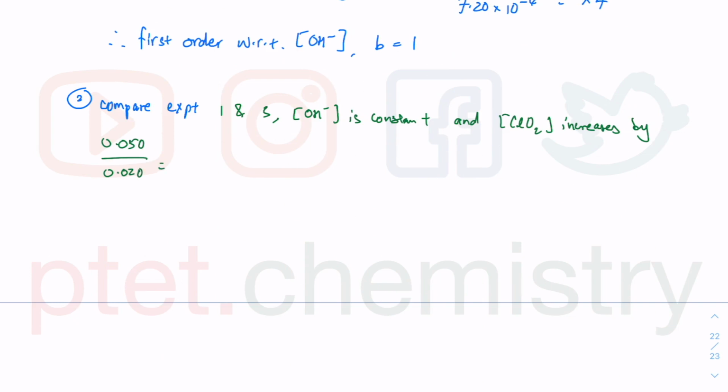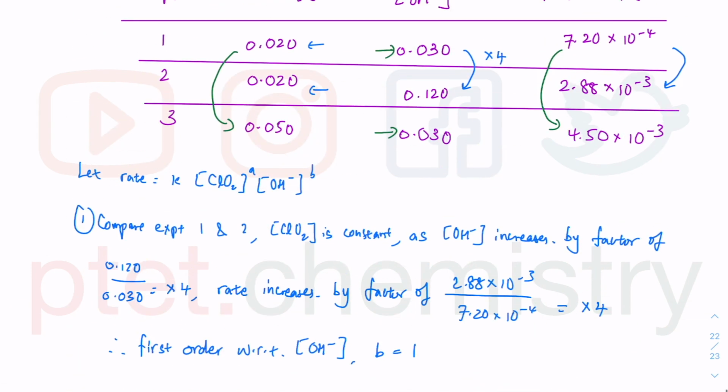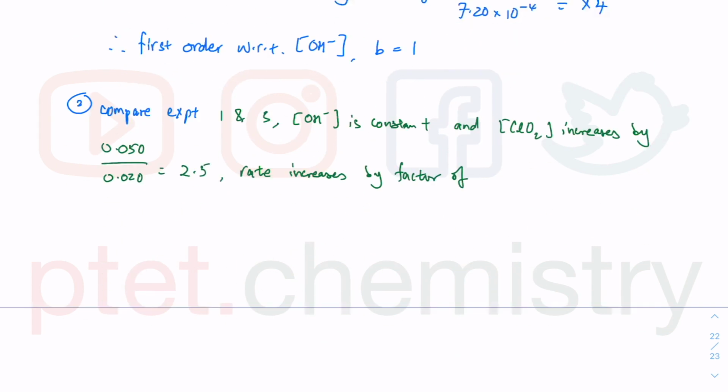I think that is a factor of 2.5. Yep. The rate increases also by a factor of 4.50 times 10 to the minus 3. Let me just write it down because I don't want to keep on referring to the table. Okay, so you can pop that into your calculator.